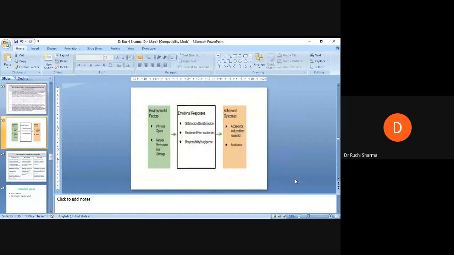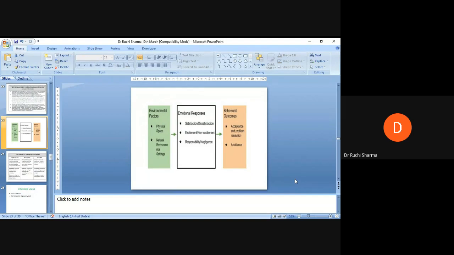So we can say that environmental factors lead to emotional responses, like satisfaction or dissatisfaction. It could result in excitement or non-excitement, or it could result in responsibility or negligence. So both are the opposite sides of one behavior.